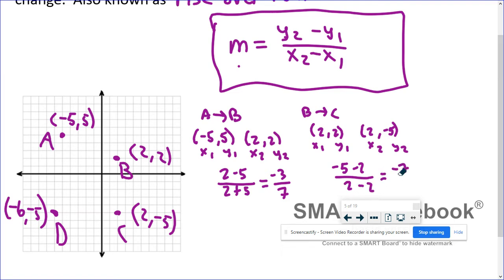So it'll be negative 7 over 0. If you get 0 as a denominator, you can never divide by 0. So this would be considered an undefined slope. Another way you might hear this described is simply no slope.